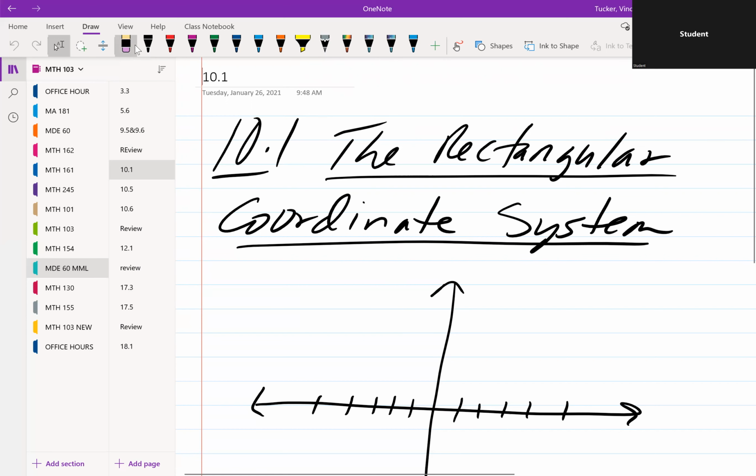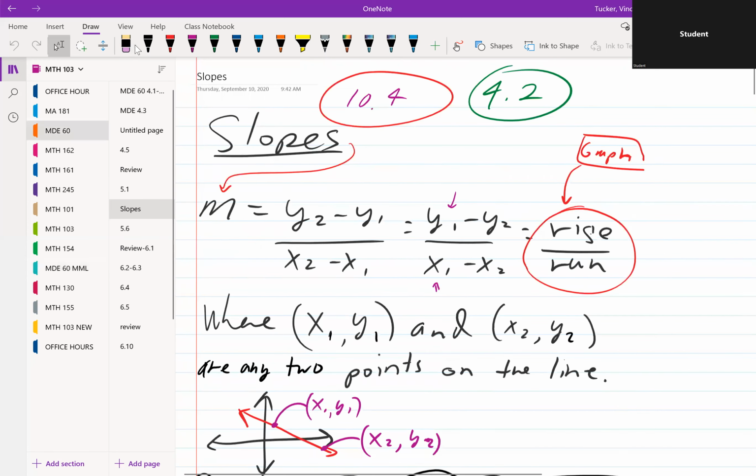Rectangular coordinate system. All right, so let's go here.